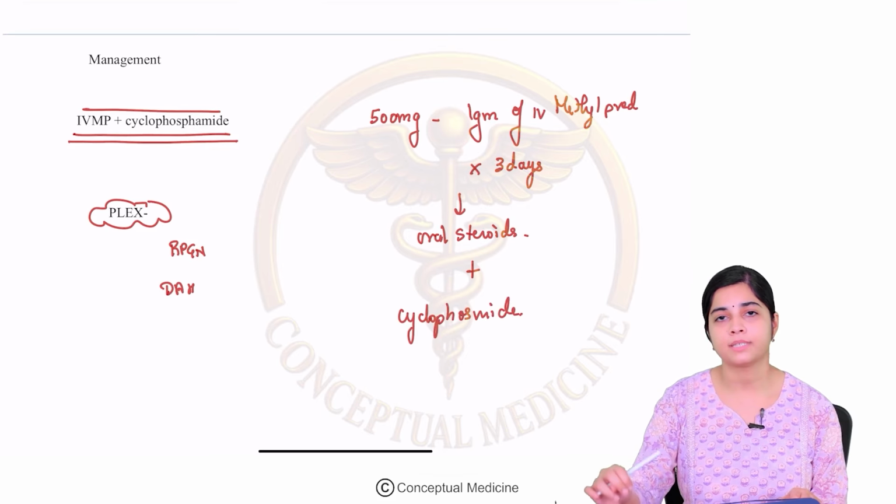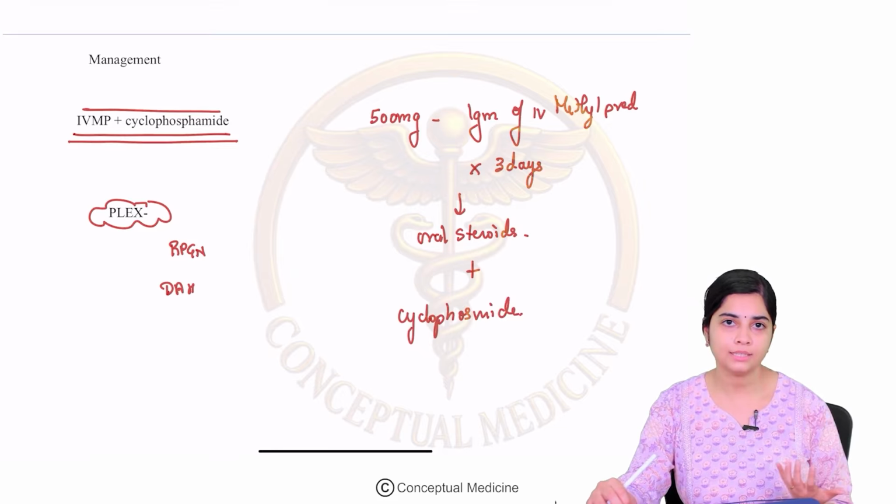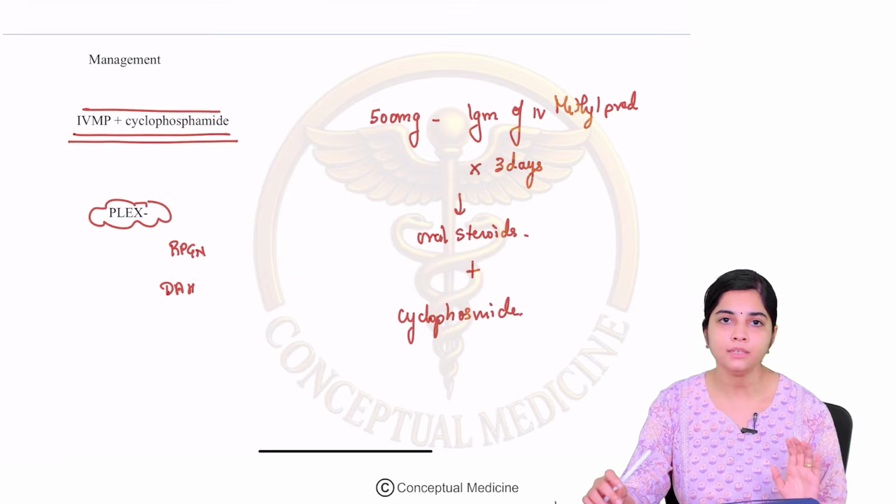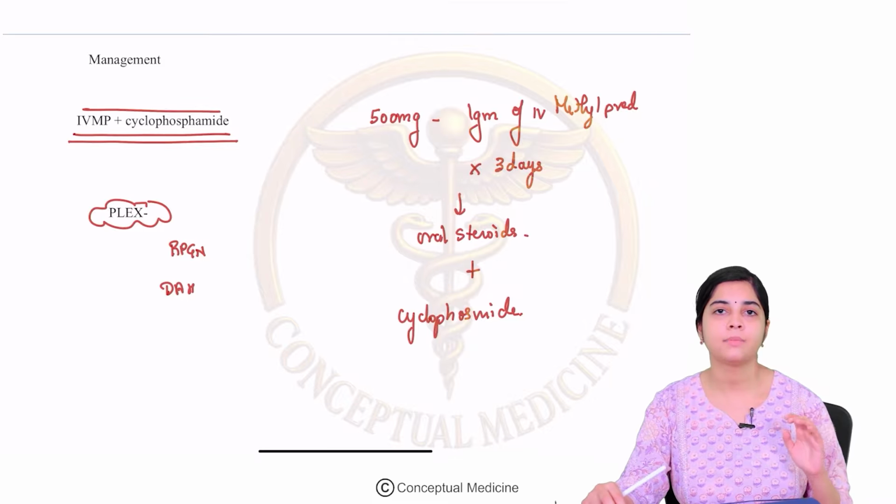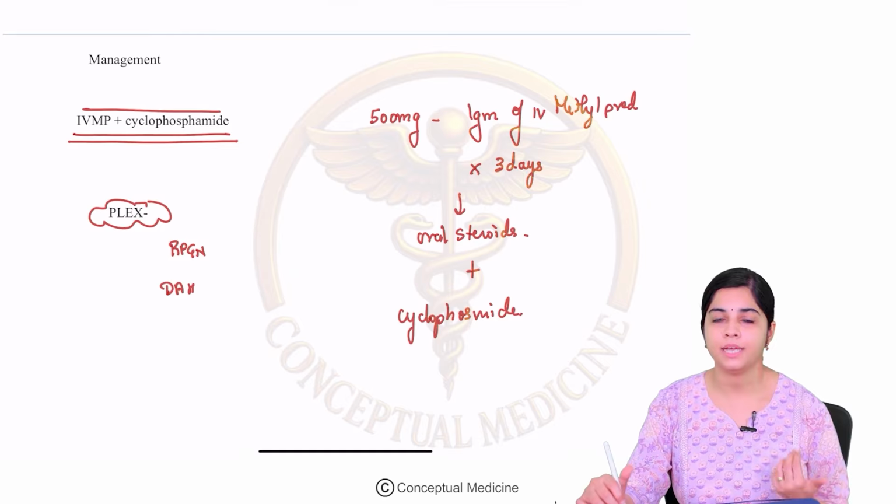Continuation with oral cyclophosphamide or certain other immunomodulatory drugs may also be required. Okay, so this is about how you manage your GPA and MPA.